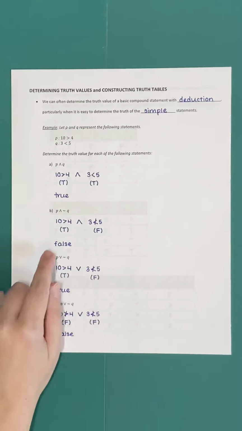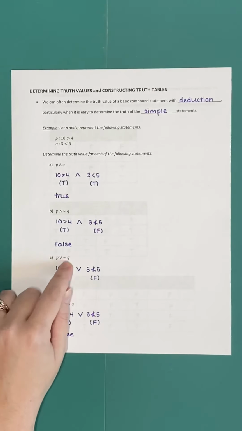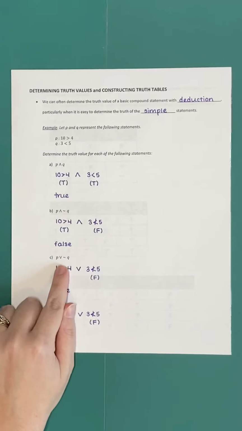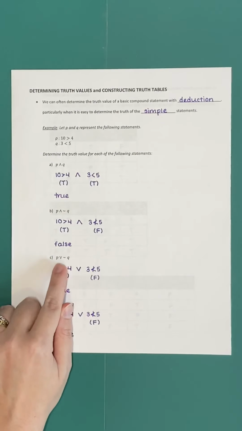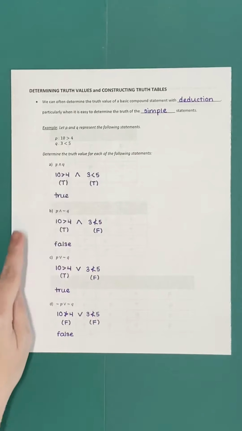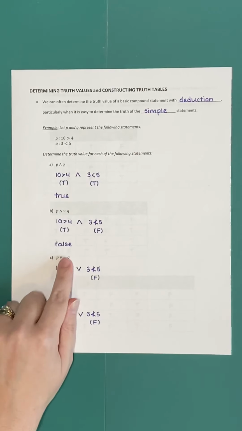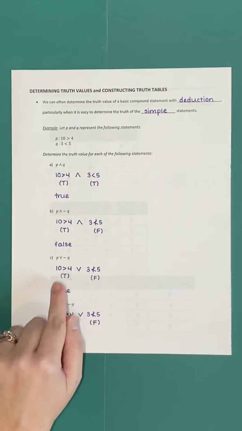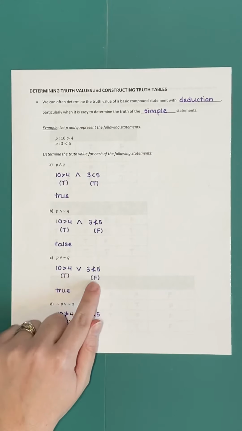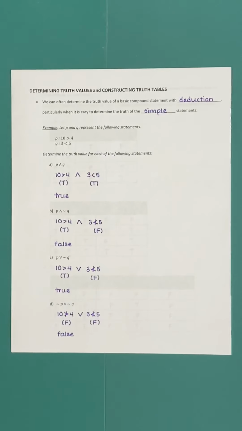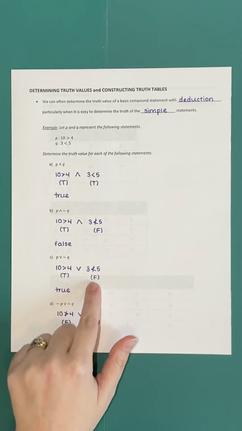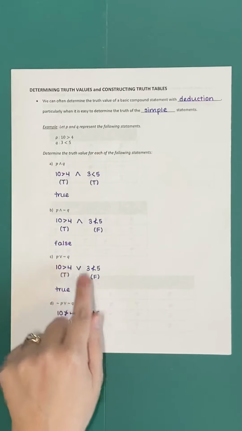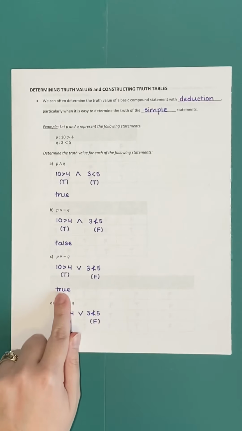Now what about disjunction? P or not Q. So almost the same thing, but now our conjunction is a disjunction. So P, which we know is true, or not Q. Q is true. We take not Q. We know not Q is going to be false. So true or false. Well, disjunction is going to be true as long as at least one of the statements we're combining together is true. So true or false, at least one of them is true. So true or false results in a true outcome.